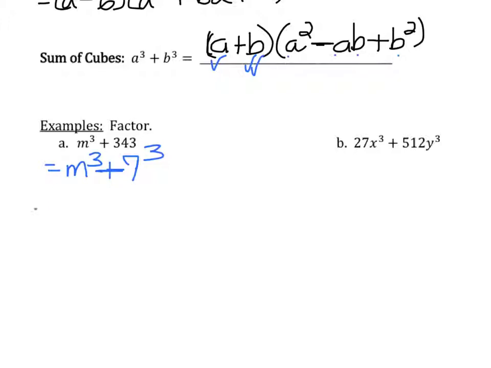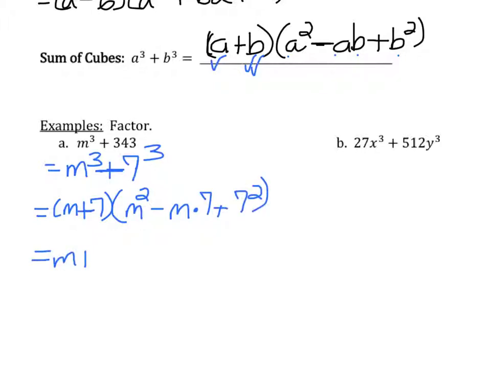And so if I do that, I'm going to have an m plus 7 times an m squared minus an m times 7 plus a 7 squared. If I were to simplify that, I get m plus 7 times m squared minus 7m plus 49. And I've completely factored that special binomial.